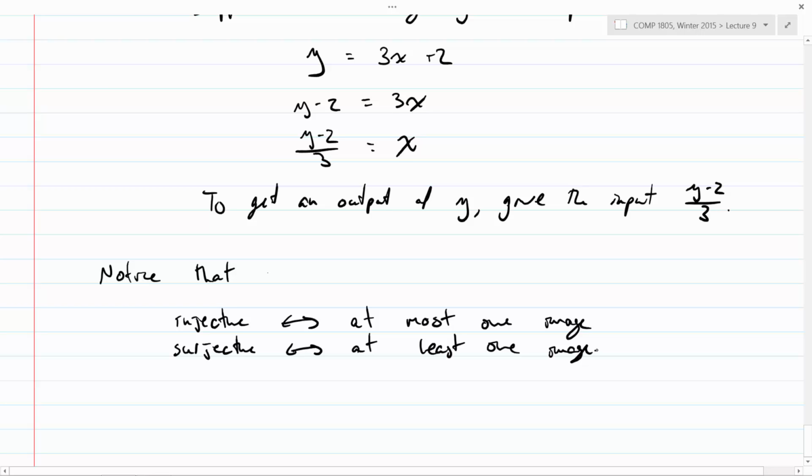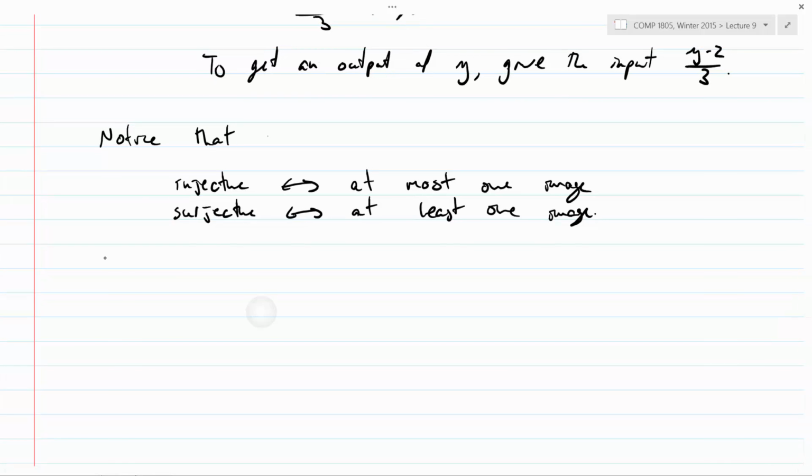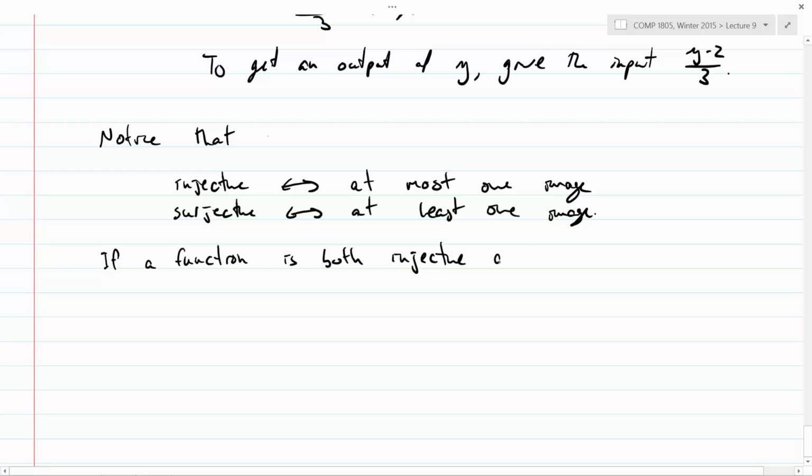So if math has taught you anything, it will be that there is another property that happens when both of these things are true at the same time, and that will be when you have exactly one image for every pre-image. So if a function is both injective and surjective, then each element of the domain is mapped to a unique element of the codomain, which is the same as the range.